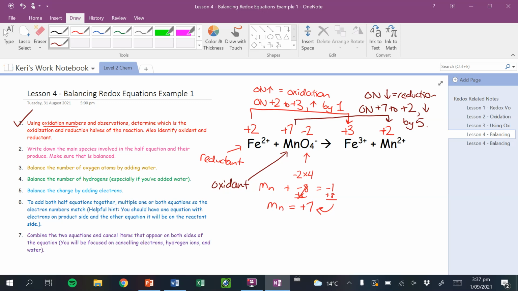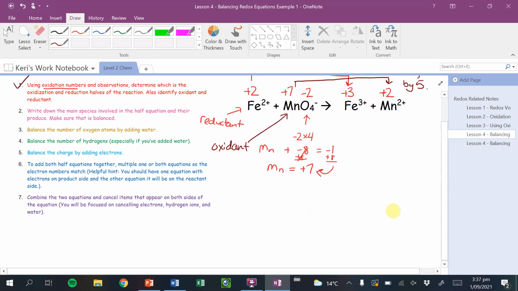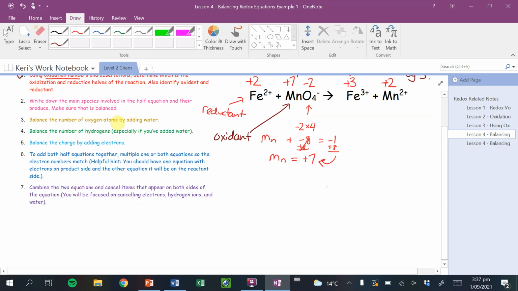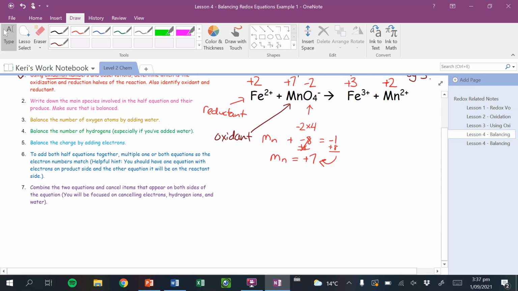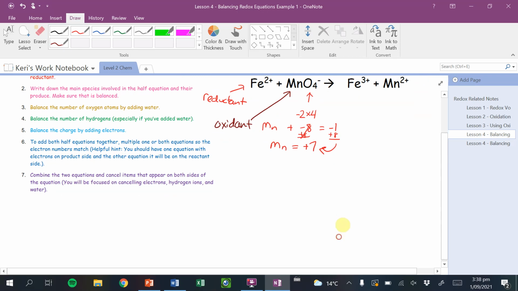All right, step number 2 then is I need to write down the main species involved in the half reactions and their products, and then make sure that's balanced. So I'm going to do all the steps first for one half of the equation, and I'll do all the steps for the other half, and then we're going to put them together.